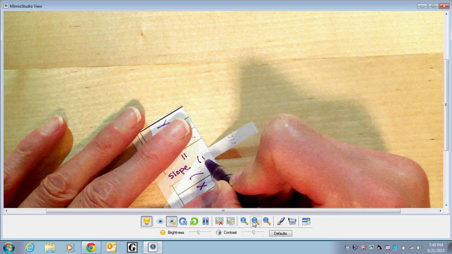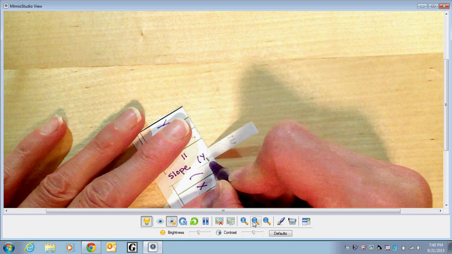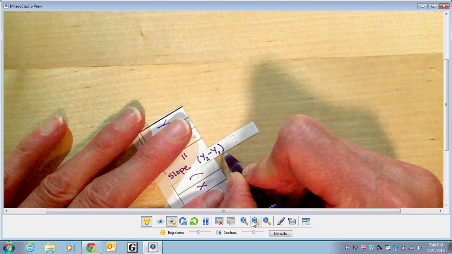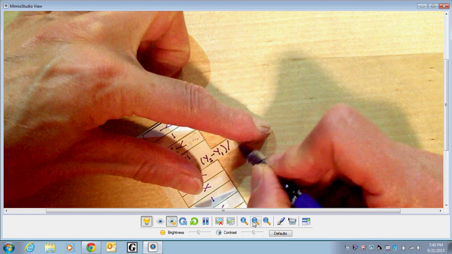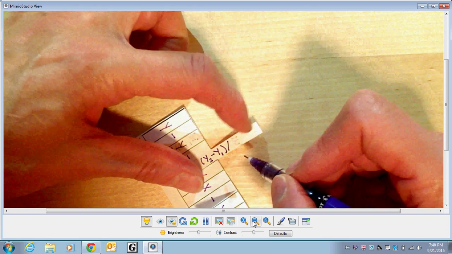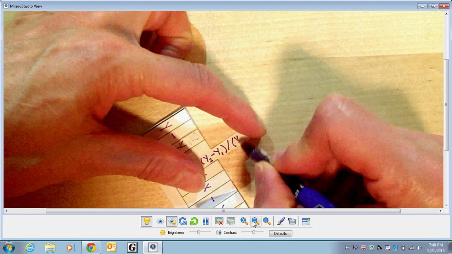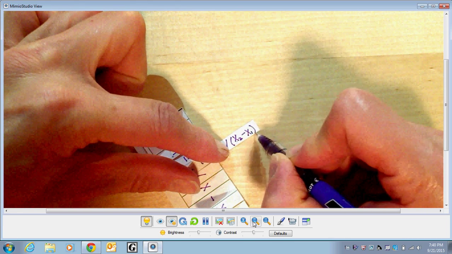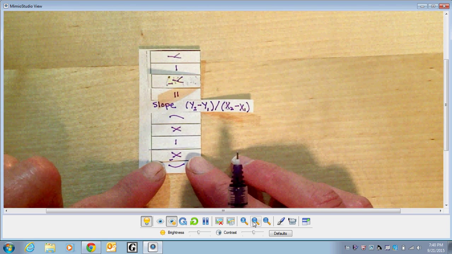The numerator is y2 minus y1, close parentheses, divided by, it's hard to write on this little piece of paper, parentheses, x2 minus x1. Okay? So there, that's my equation for slope.